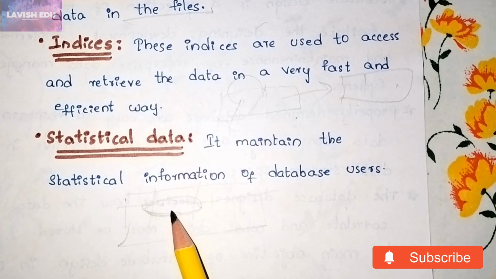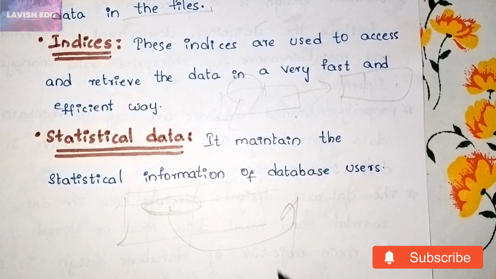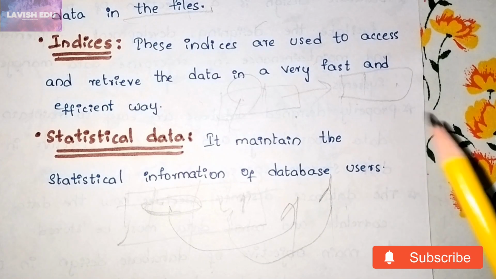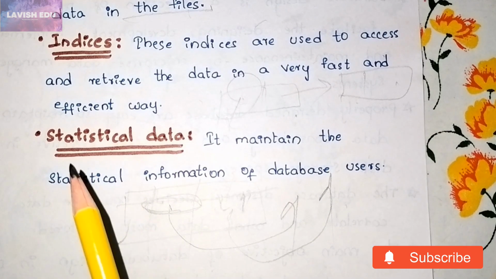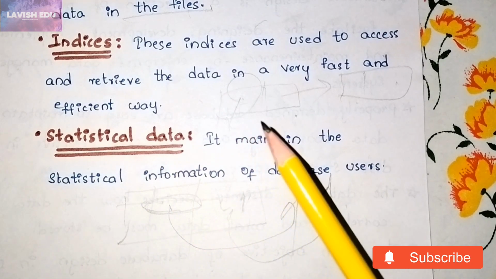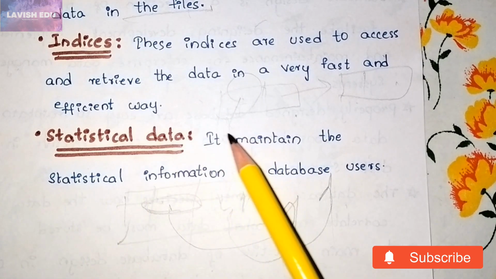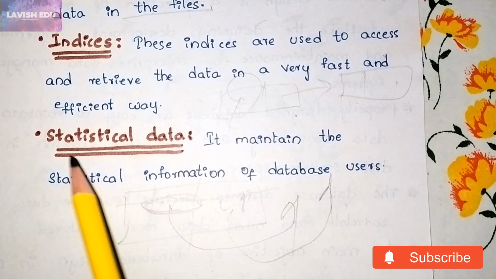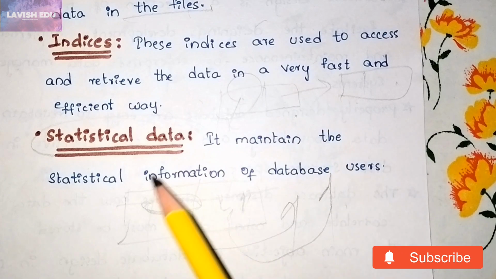How this number of seats available can be shown, and the concept behind it, is statistical data. And the losses and profits in our business can also be identified as statistical data. Statistical data is nothing but experience data based on our practical history. It helps with the maintenance of the database. Okay, this is about the statistical data.